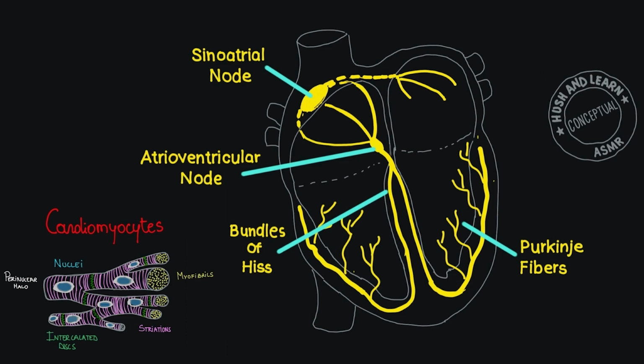At this moment, a concerted opening of voltage-gated calcium channels allows a massive influx of calcium. Voltage-gated channels means that these channels open when there's a shift in the membrane potential.